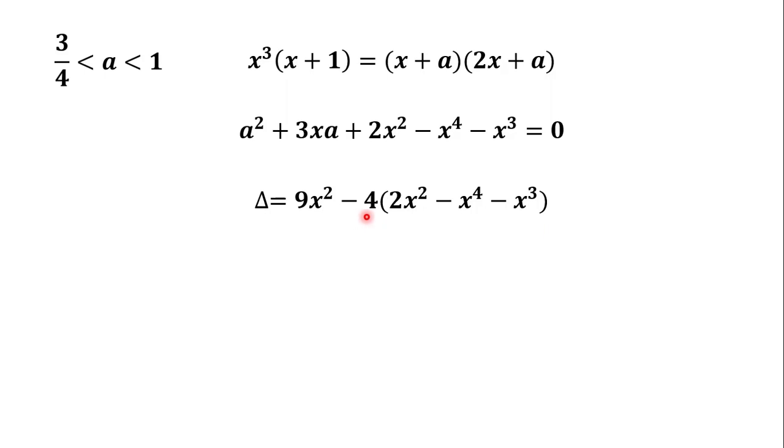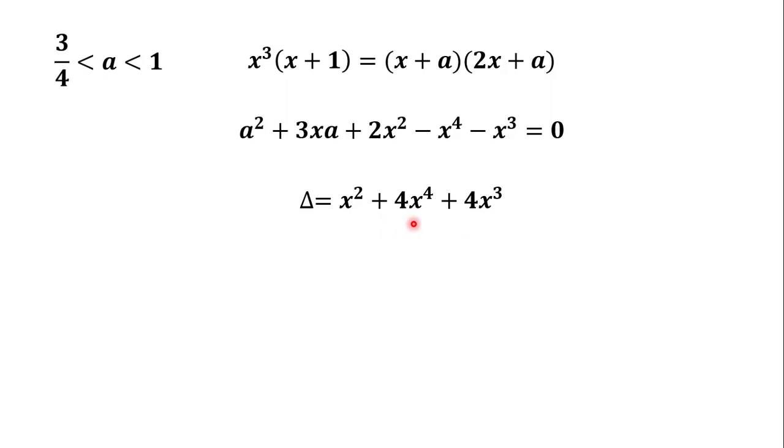We can multiply minus 4 by this parenthesis, and we get 9x squared minus 8x squared plus 4x to the power 4 plus 4x cubed. 9x squared minus 8x squared is equal to x squared.